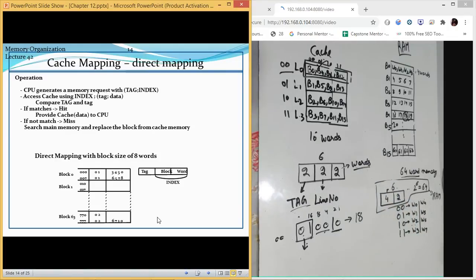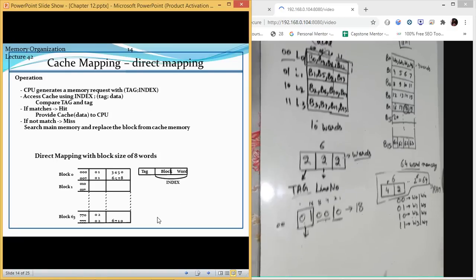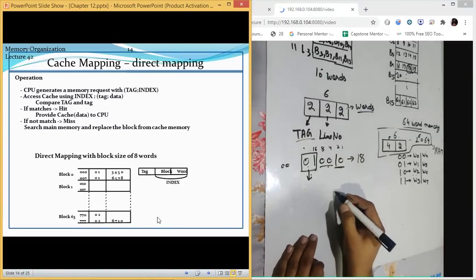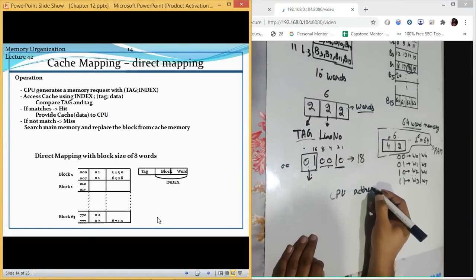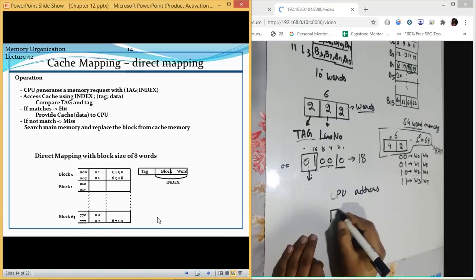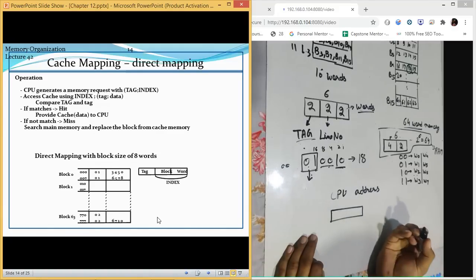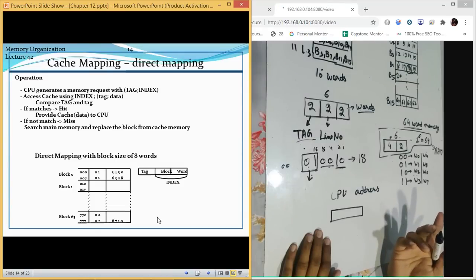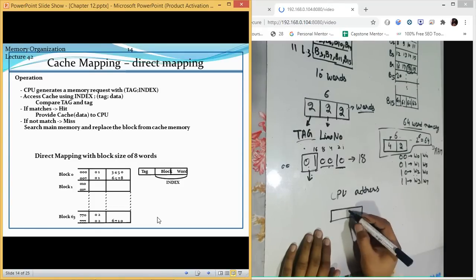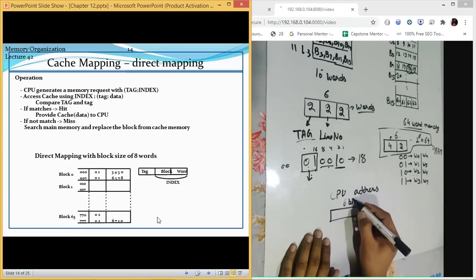Now what is actually happening in this case? Our CPU generates an address. Just assume that the maximum RAM we have is 64 words, so it generates an address of 6 bits.